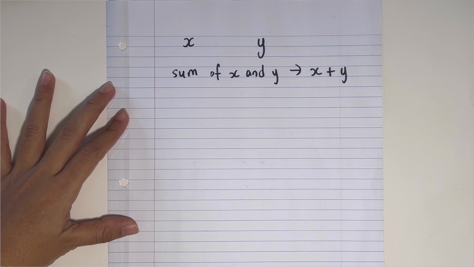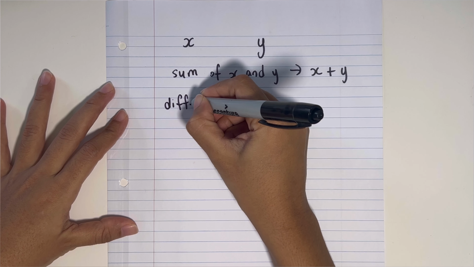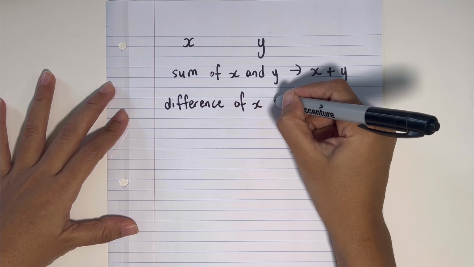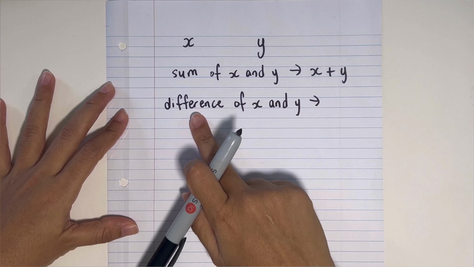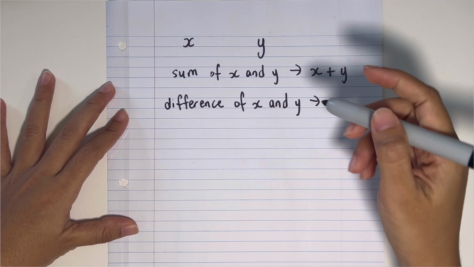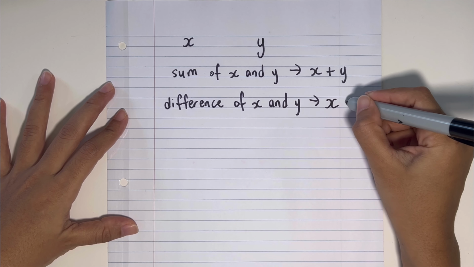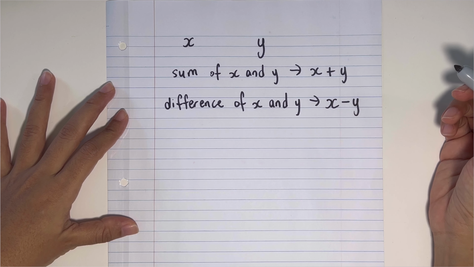And if I'm thinking about the difference of these two numbers, x and y, well, you may know that the difference of any two numbers is the subtraction of the two numbers, right? So if I look at the difference of x and y, then I can write that as x take away y, or x subtract y.